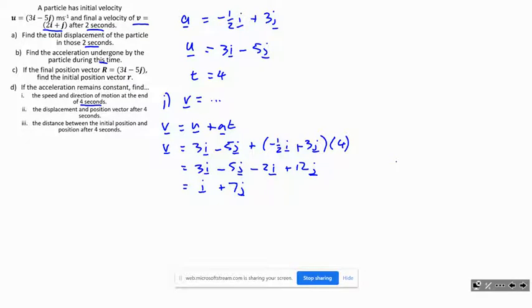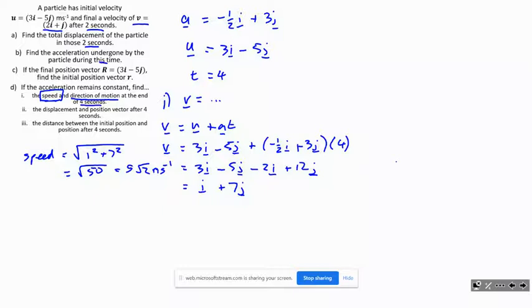That's our final velocity. And to get the actual speed, the speed is going to be the square root of 1 squared plus 7 squared, because the speed is a scalar quantity, not a vector quantity, which is the square root of 50, which is 5 root 2 meters per second.